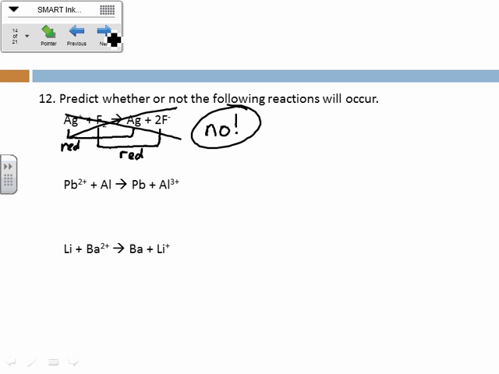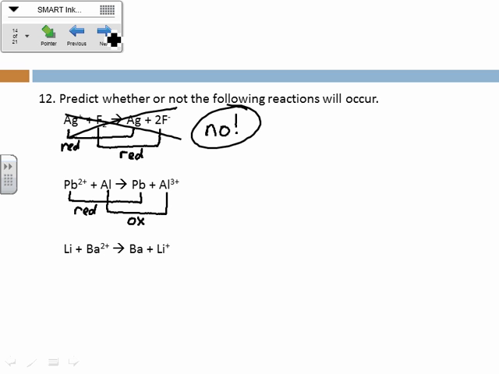It's not that the reaction is not spontaneous in the forward direction, it's just that that reaction would never, ever occur. Alright, so Pb2 plus aluminum yields Pb plus aluminum 3 plus. We've got Pb2 plus going to lead, that's a reduction. And we've got aluminum going to aluminum 3 plus, that's an oxidation. So let's check our chart here and see if that's the case.